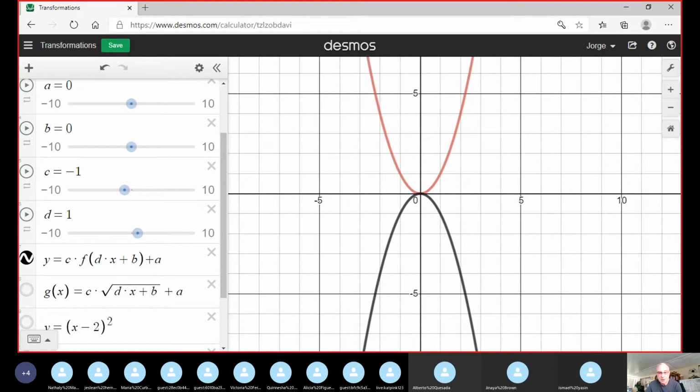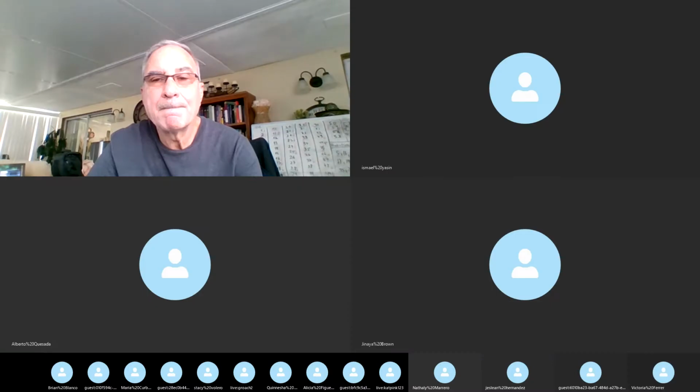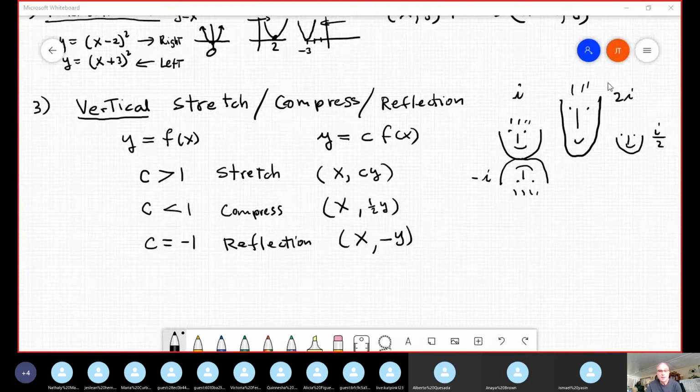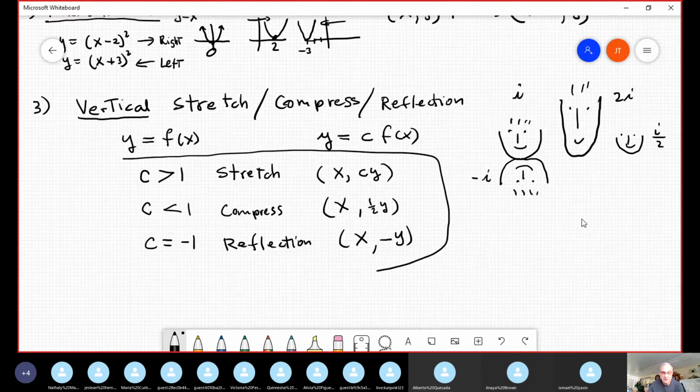So, let me condense the information in the whiteboard. Okay, there you go. Look at this. This is the central idea.